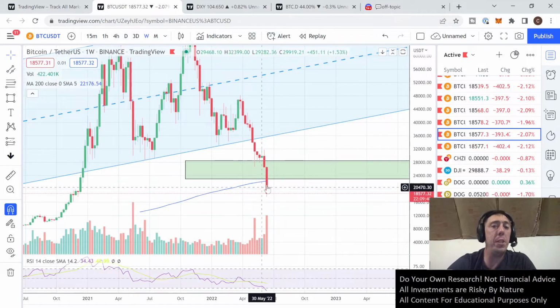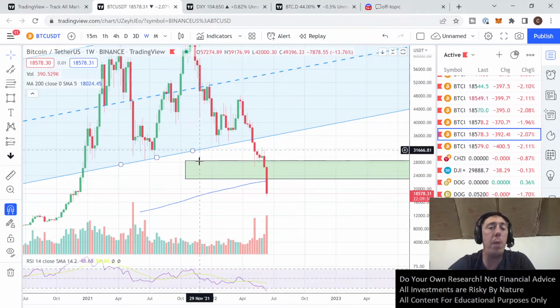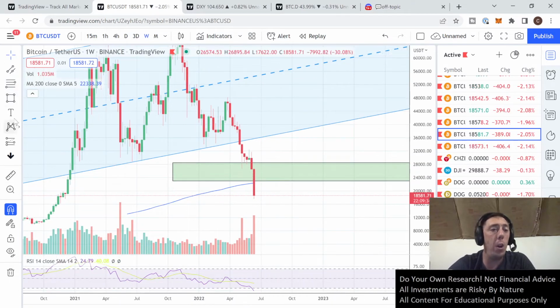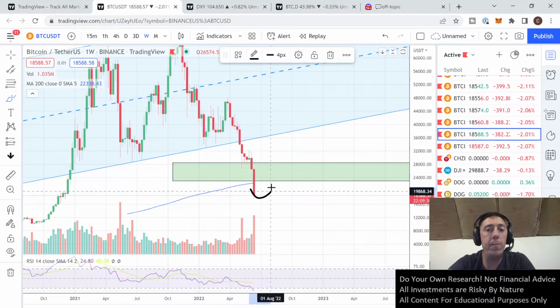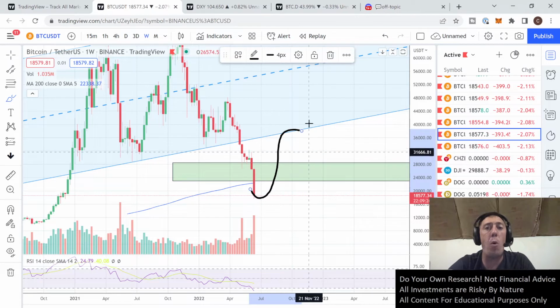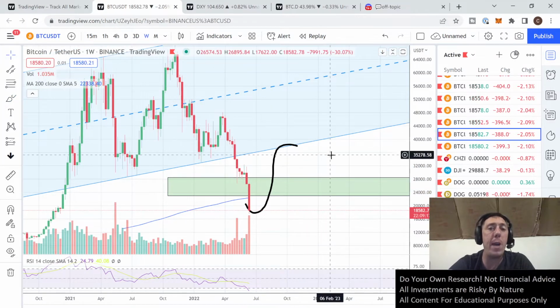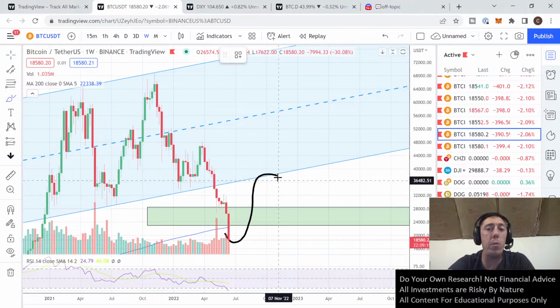Well, if we're able to get above the 200 weekly moving average, above the golden pocket, above all of that, the next biggest contender is right here. This is going to be a major resistance point. So getting up to around 38 to 40,000 is, in my opinion, the absolute high side that we could have for any sort of relief bounce before something a lot more serious happens.